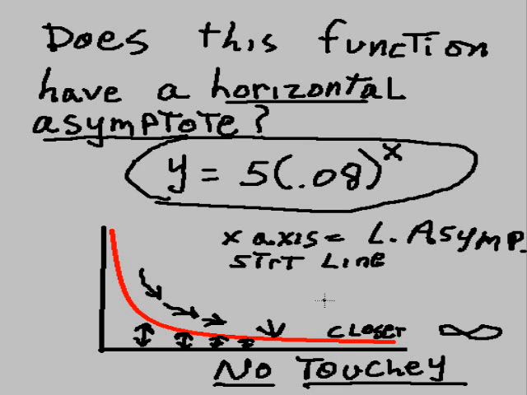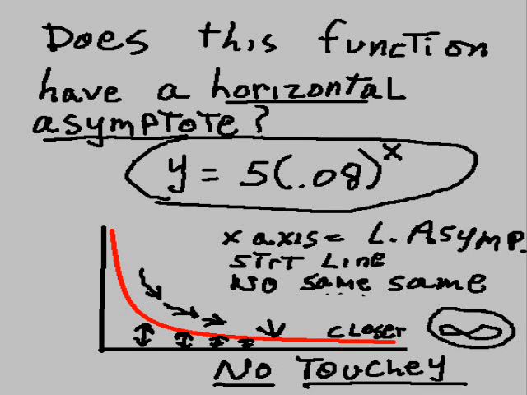No touchy. They never become identical. So the x-axis, in this case, is a linear asymptote. And this graph is coming closer and closer to this straight line, but never touching it as they move towards infinity.